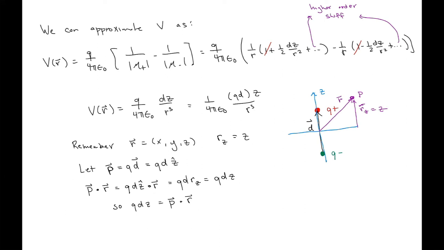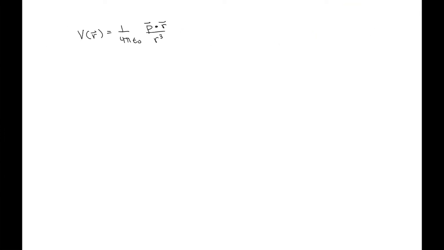The potential of a dipole is going to be equal to 1 over 4 pi epsilon naught times p dotted with r over r to the third. That's what I just wrote down.